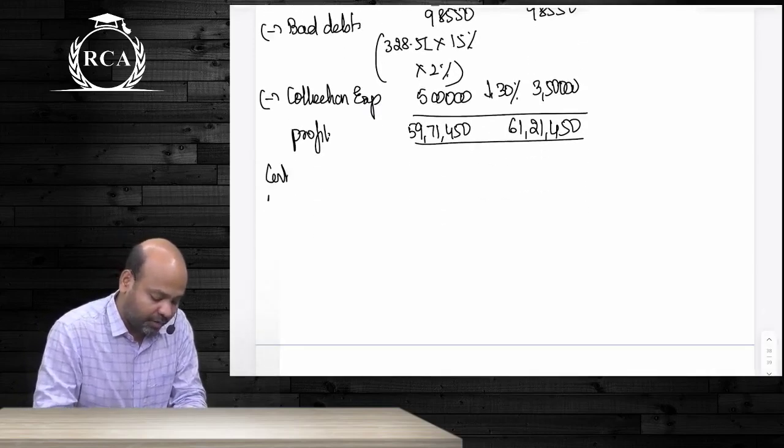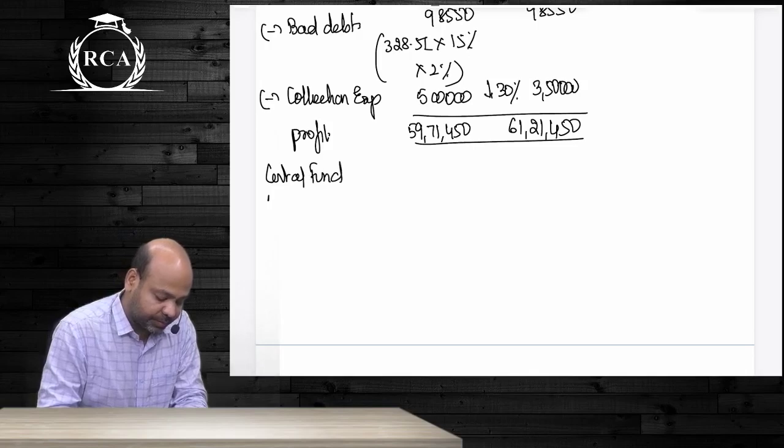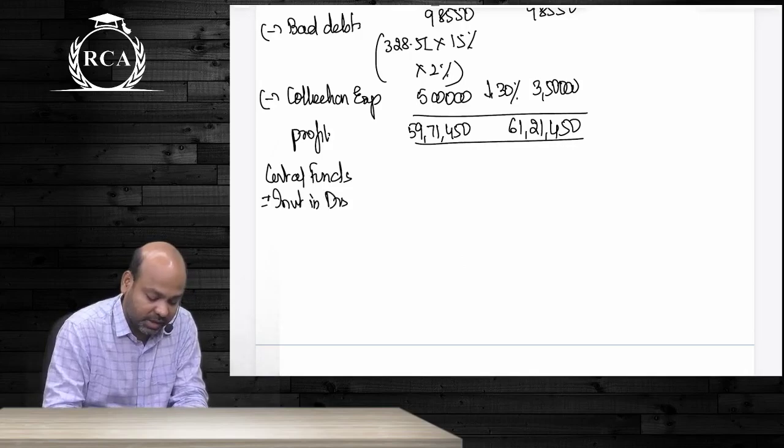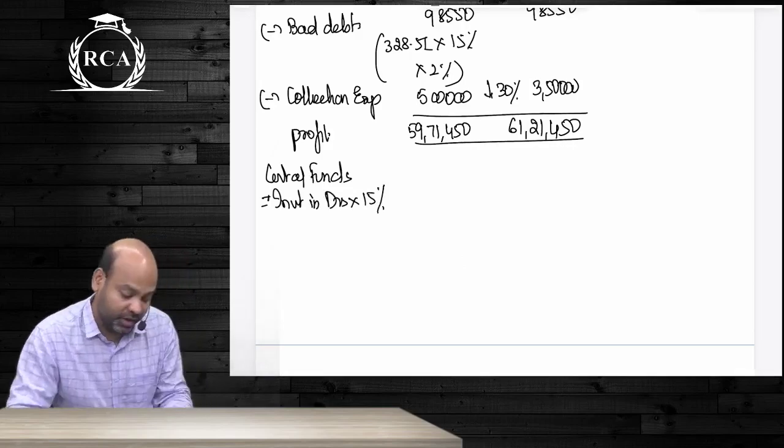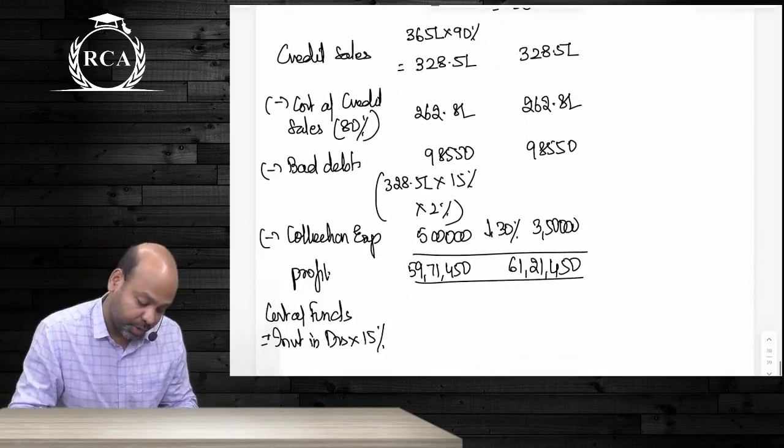I'm not writing investment in debtors, guys. Or rather, investment in debtors, guys, into 15%. How will I compute investment in debtors? Do I know the collection period, guys, above?